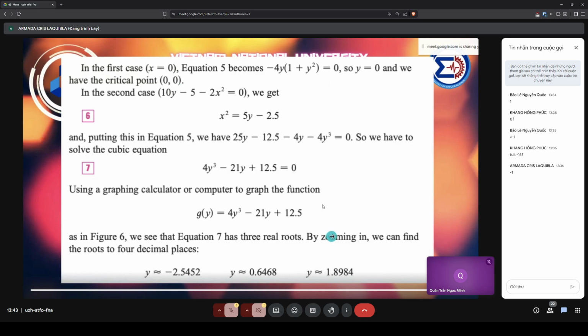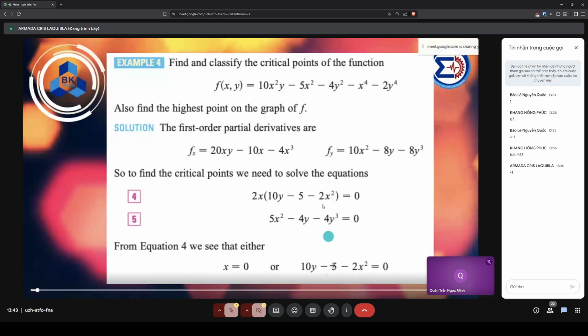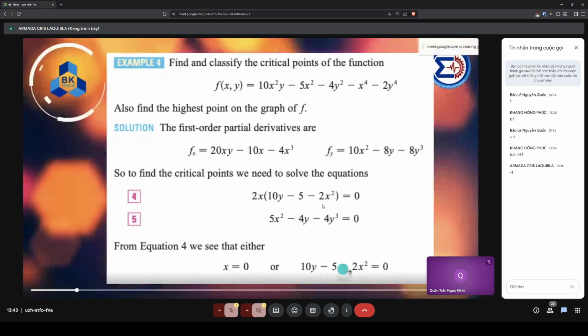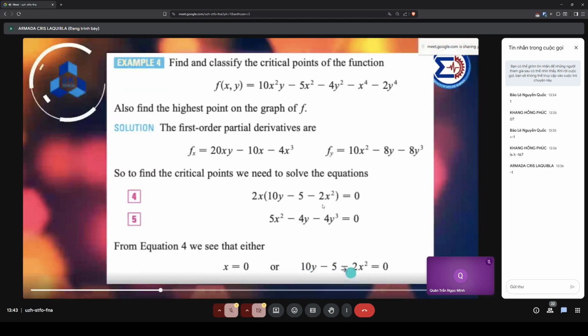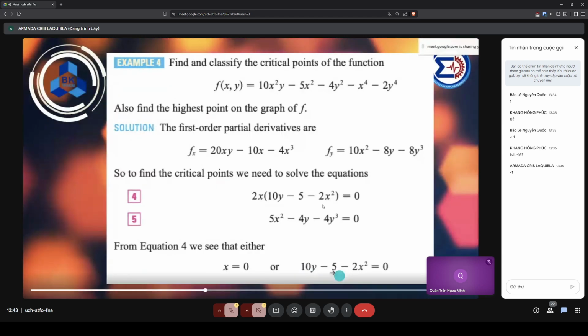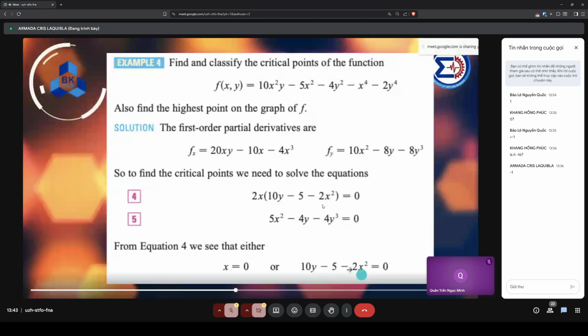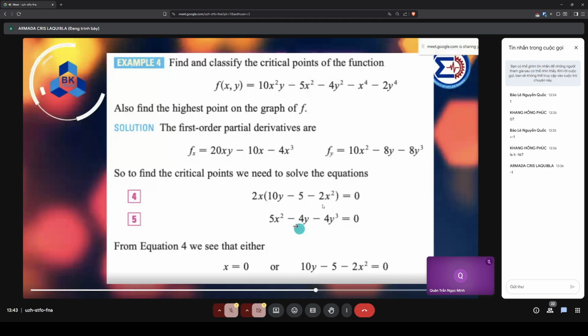So next case is this. If this is your x now, the value is this equation, this factor, 10y minus 5 minus 2x squared is equal to 0. So in this part here, we compare this with the equation number 5. Now, can you see equation number 5? We have an x squared here. Can you see this?